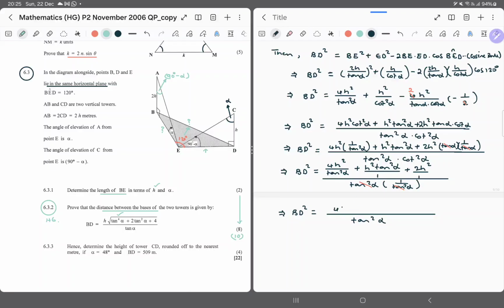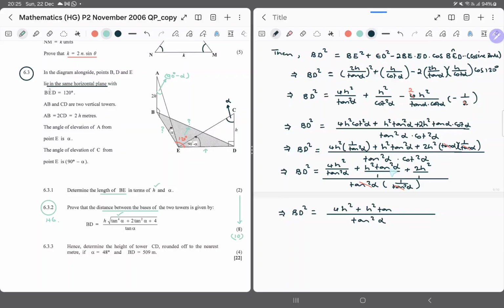We get 4h squared. Plus, we then divide by 1, we get itself, we multiply there, we get h squared 10.